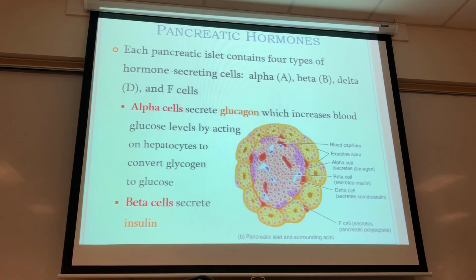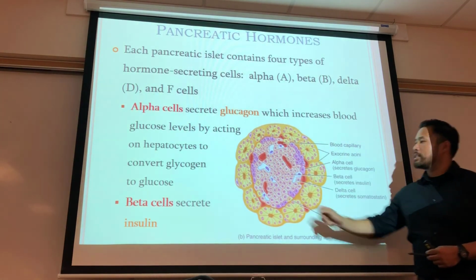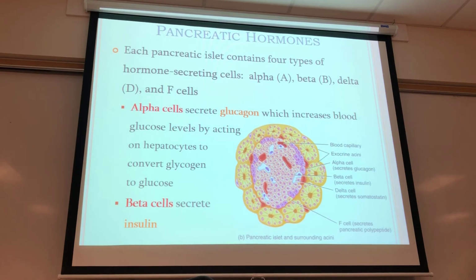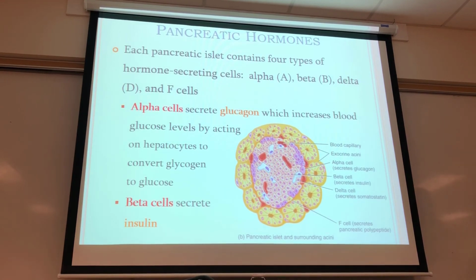So these four cells that we see, alpha, beta, delta, and PP cells, are the ones that are going to be secreting hormones. And each of these cells within that islet of Langerhans is going to produce a specific type of hormone. Alpha cells are going to produce glucagon. So glucagon will raise blood sugar.